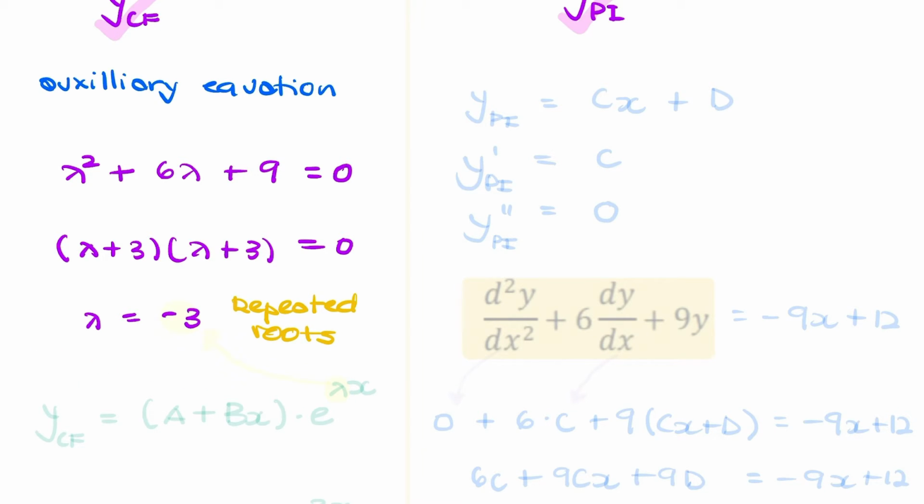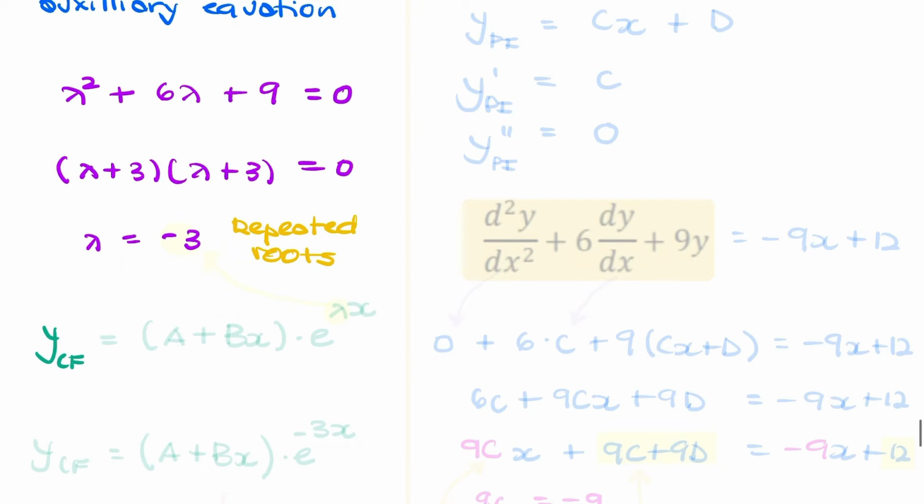So in this case, our complementary function, or our general solution, will have the form (a plus bx) times e to the lambda x.